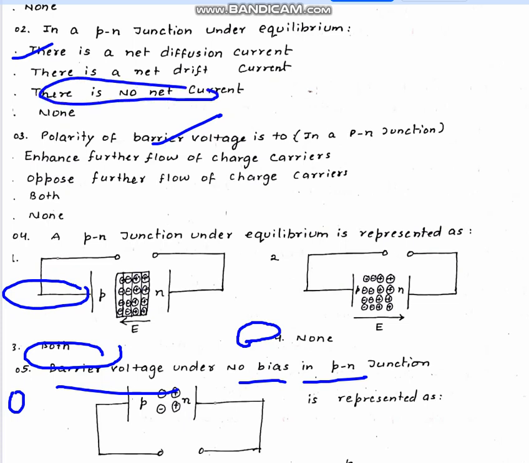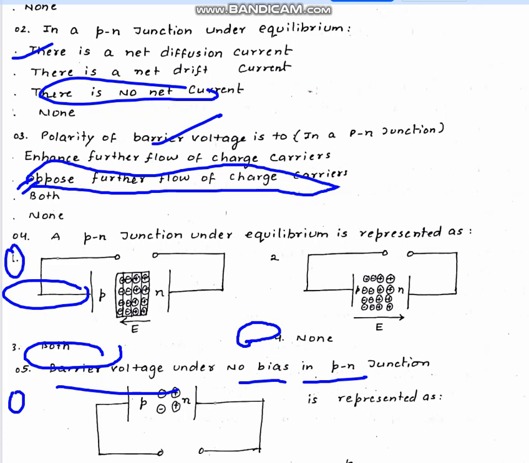Next, the polarity of barrier voltage is such that it opposes the diffusion. So it is to oppose the further flow of charge carriers. And second is correct over here. Next, a p-n junction under equilibrium is represented as, so on the p side there will be negative. Yes, this is represented by the first diagram. So one is correct over here.